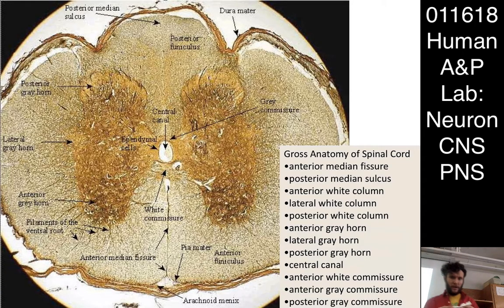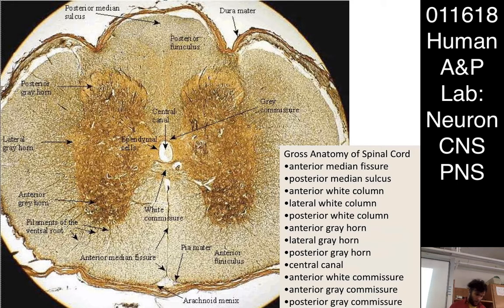Okay. So these peripheral nerves, we're working our way up the chain here. I started with the microscopic anatomy of a nerve, or neuron, pardon me. Then I looked at peripheral nerves, and peripheral nerves are converging on the central nervous system.